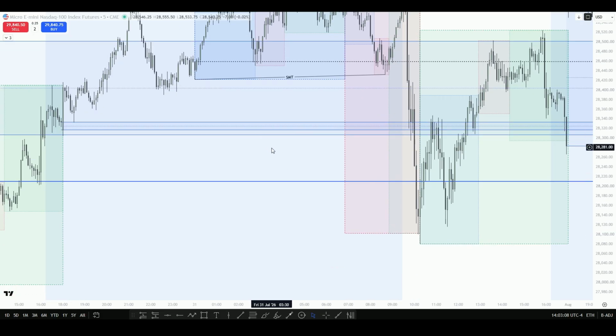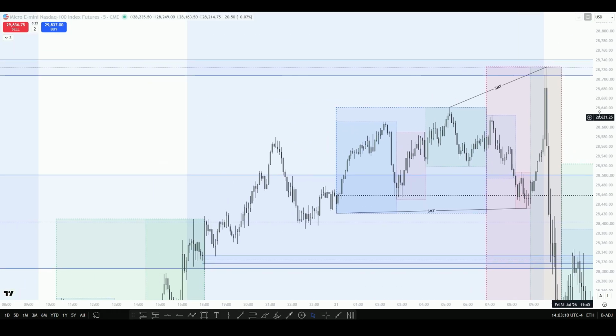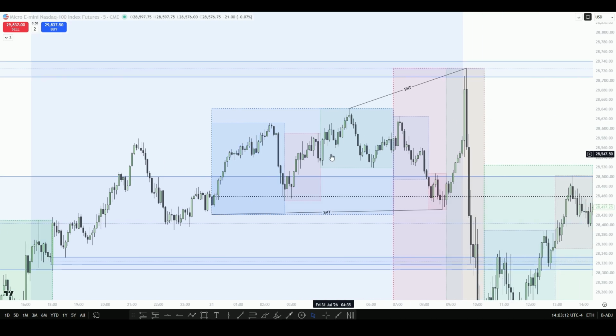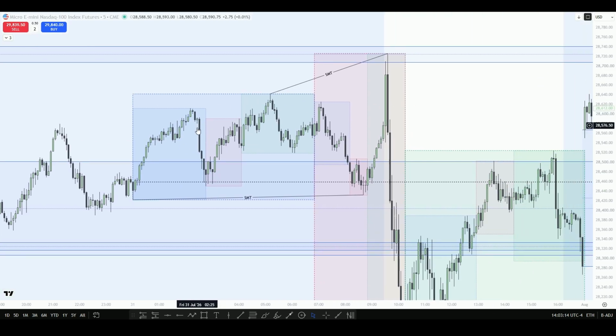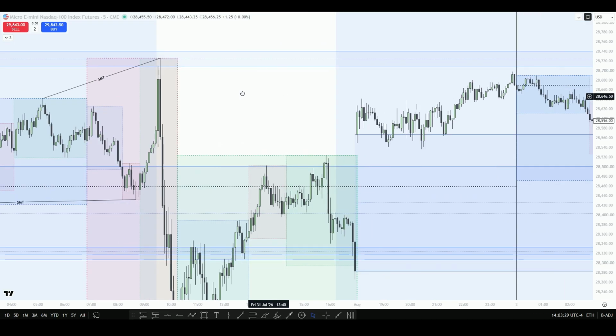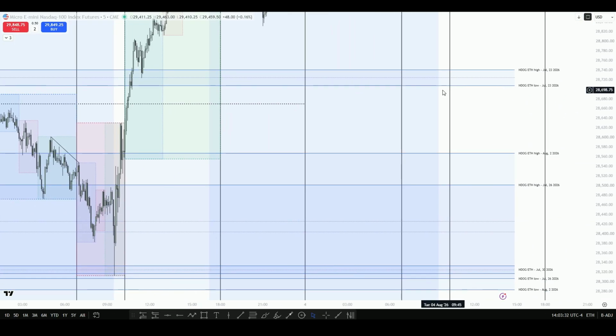Anyway, moving back, the day before, between accumulation and manipulation, we have an SMT. Look where manipulation is reaching to, right at this new day opening gap, which is what?